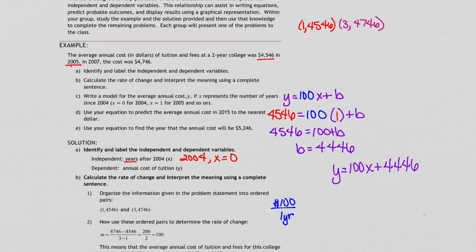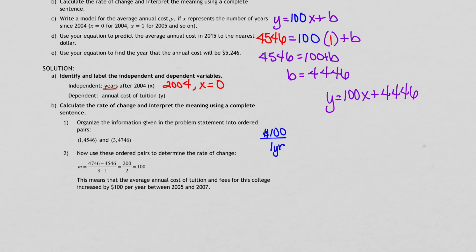D says use your equation to predict the annual cost in 2015. So let's see, in 2015, what would x be? If it's 0 in 2004, then we need to subtract, and so x would be 11.